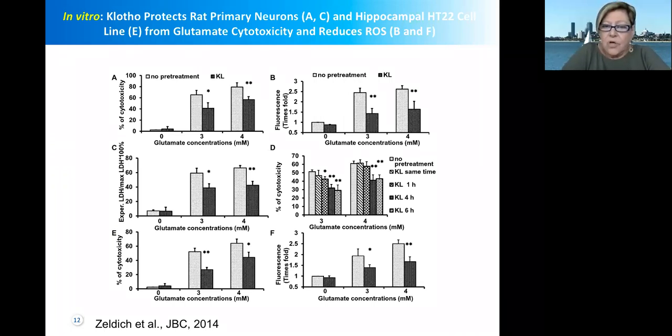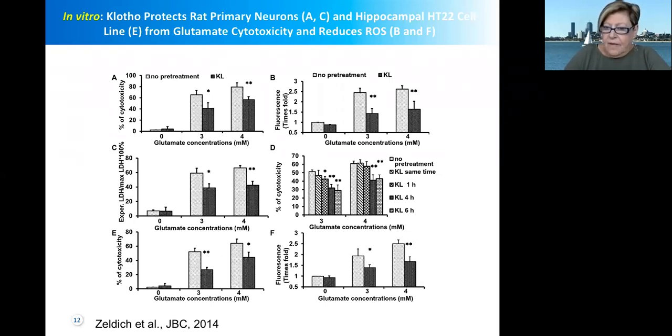And we showed that if we pre-incubate the neurons with Klotho and we add glutamate, there is less death. Here in A, there is also less ROS, reactive oxygen species, that are formed when Klotho was pre-incubated with the cells. We see the same thing in LDH secretion.